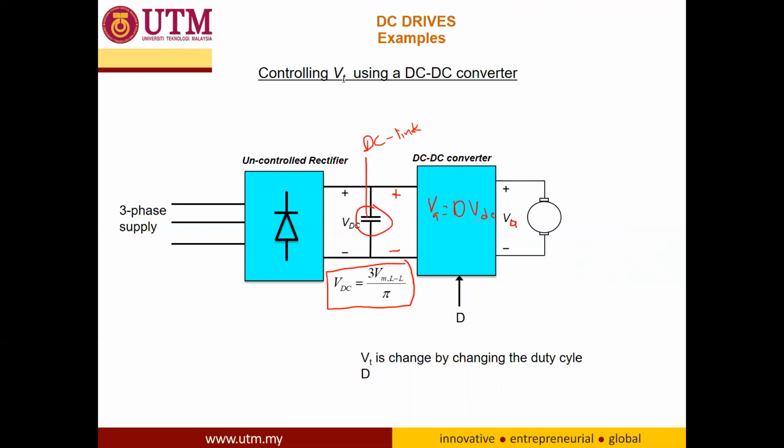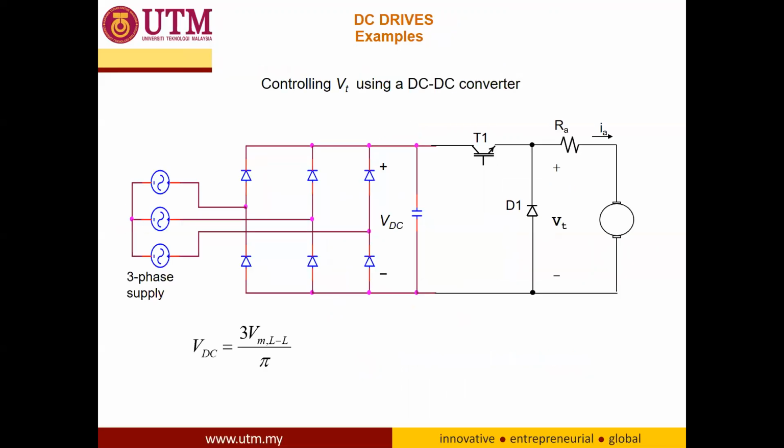So by controlling the duty cycle here, we can have a variable armature voltage to control the speed. This is a DC-DC converter for single quadrant operation.